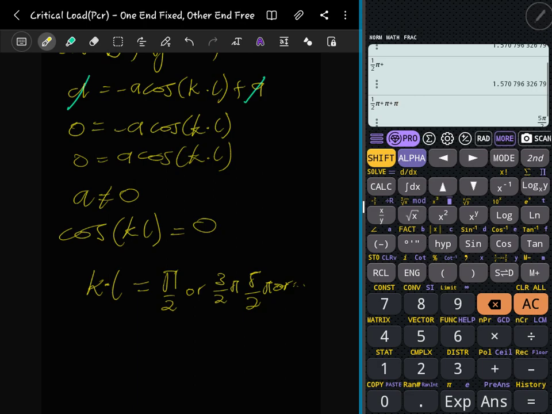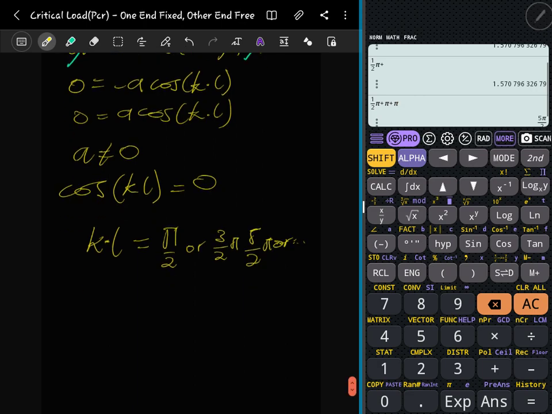So now we are going to take the least possible value and say that our KL is equal to pi on 2. This is the least practical value, or the minimum value. There's a whole understanding behind it, but we're not going into it.